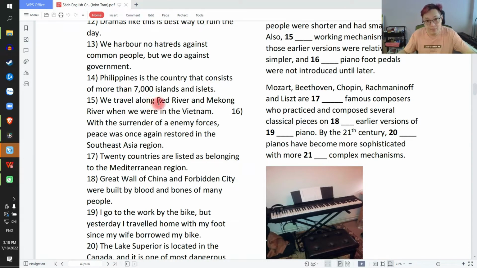So the name of river has to have a definite article the before the river name, but in front of the country name, you should never have an article. Exception is when they form a group, of course, so you have to use the in here. Tên đất nước thì không có mạo từ gì hết, ngoại trừ trường hợp nó tạo thành bởi một cái nhóm nào đó có the như thế này, như the Philippines.